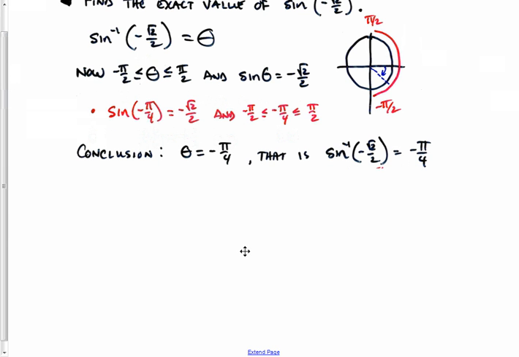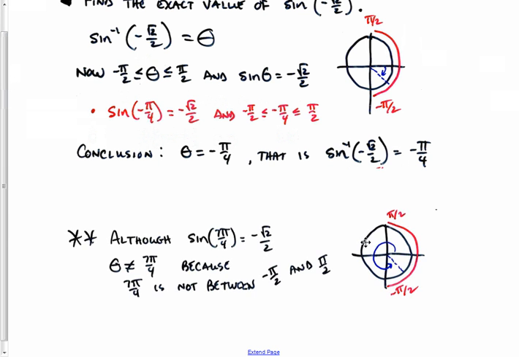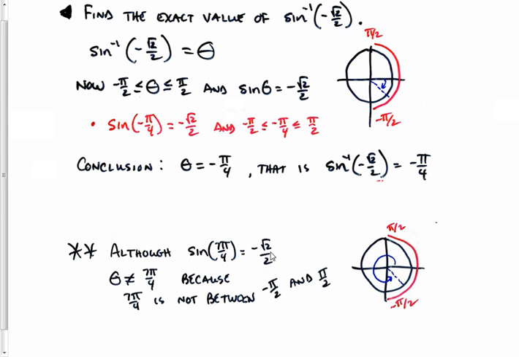Now, here's where some confusion can appear, so let me make this clear. If we start here and see this blue line and we go clear around to this position, that's 7π/4. And the sine of 7π/4 is negative square root of 2 over 2.